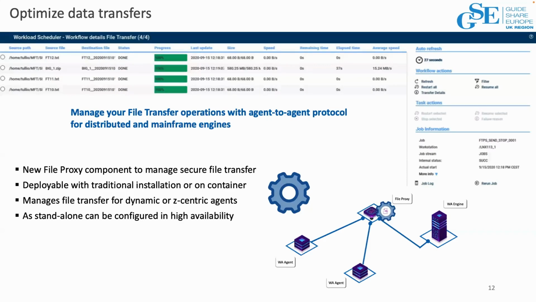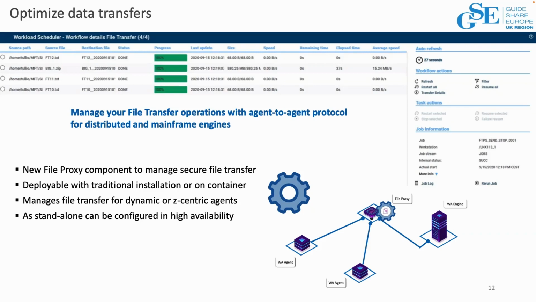There is a new component called file proxy that physically moves files from an agent to another using HTTP secure protocol. It can be deployed with a traditional installation on a distributed platform or on a container.